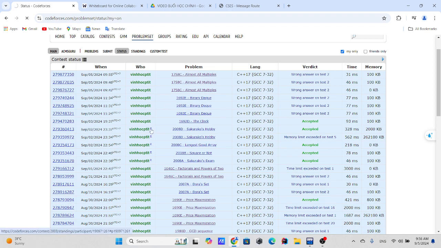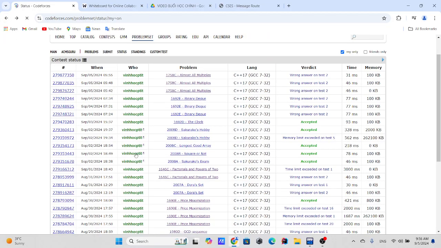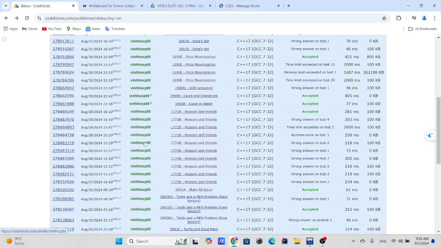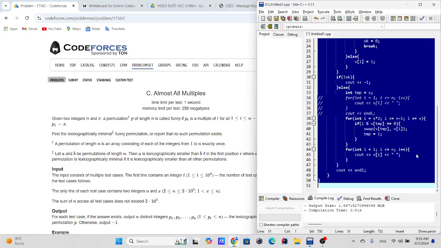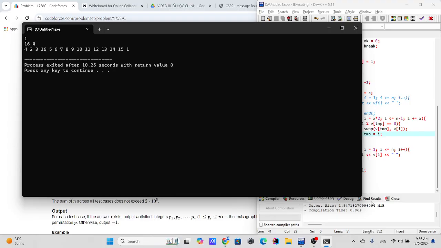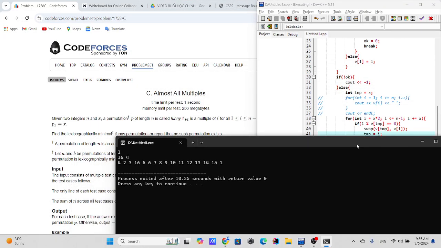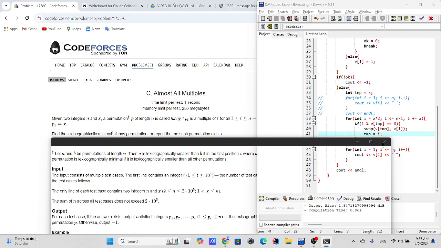What is this? Oh, I'm just doing a virtual contest, so it doesn't really matter. Expected 4 found 8. So my code is not optimal somewhere, right? Obviously, it's still not being replaced. So let's see why we are getting this wrong.